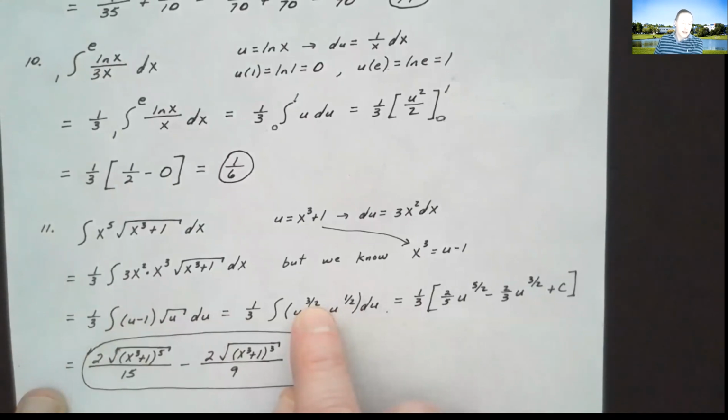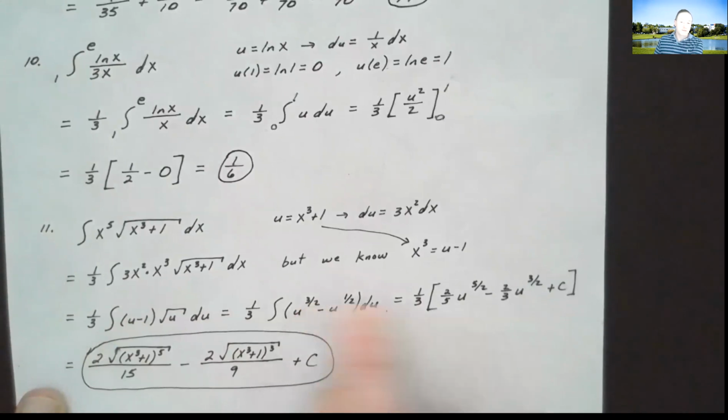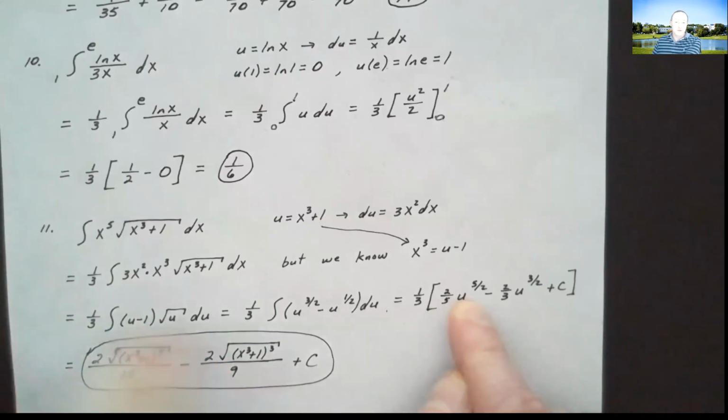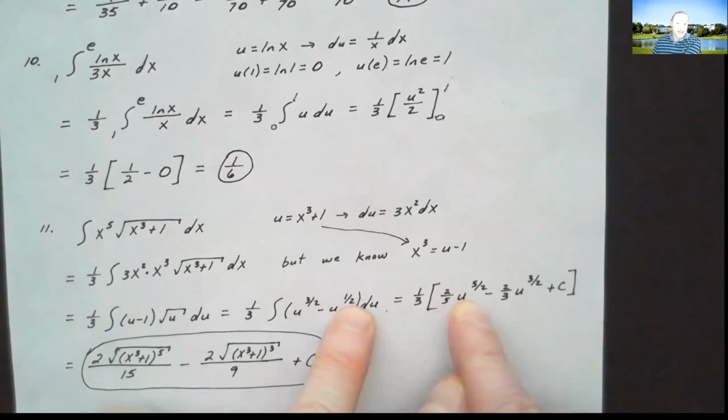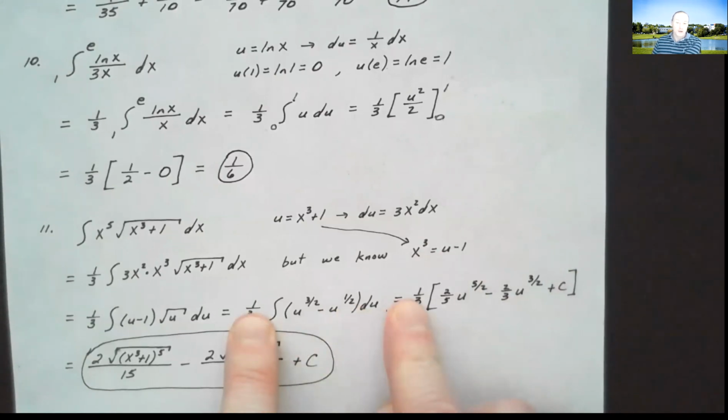So please keep in mind you would divide by that new exponent, or multiply by its reciprocal. We'll get 2/5 u to the 5/2 minus, this is going to become u to the 3/2 times 2/3, dividing by 3/2, plus our constant of integration. Every bit of this is still multiplied by the 1/3 out in front.